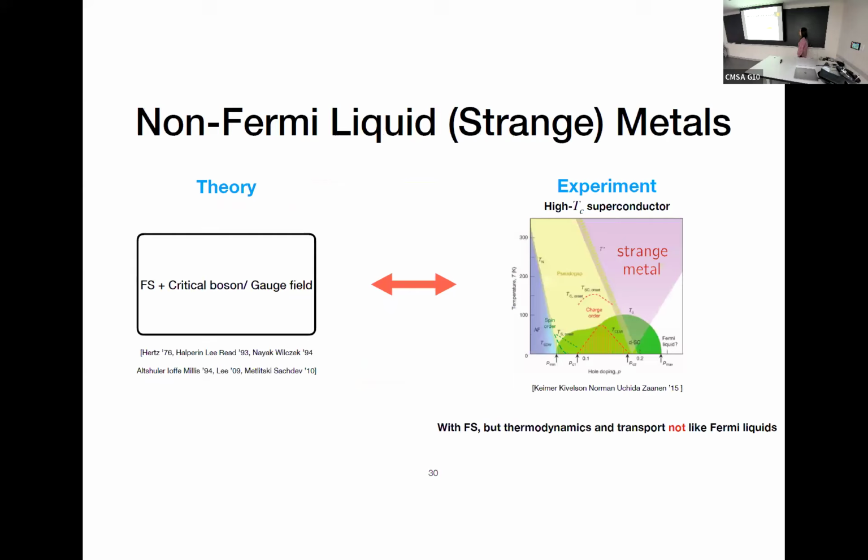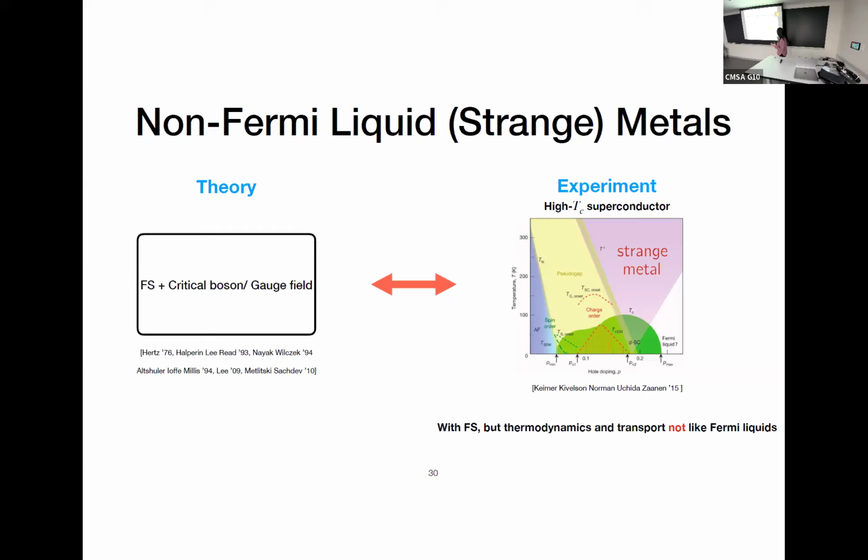Okay, so we have been focusing on this Fermi liquid, and now we want to go beyond that. There's the non-Fermi liquid, or we can call it by another name, strange metals. For example, on the experimental side, there are high-Tc superconductor strange metal cuprates.